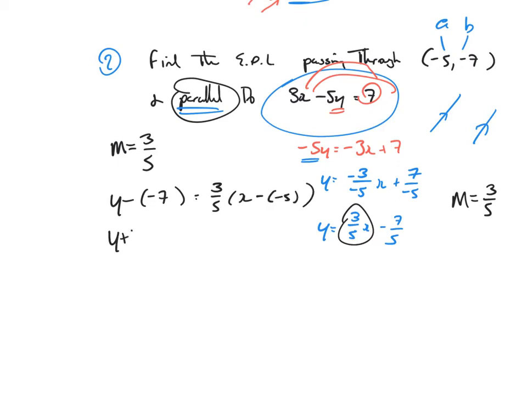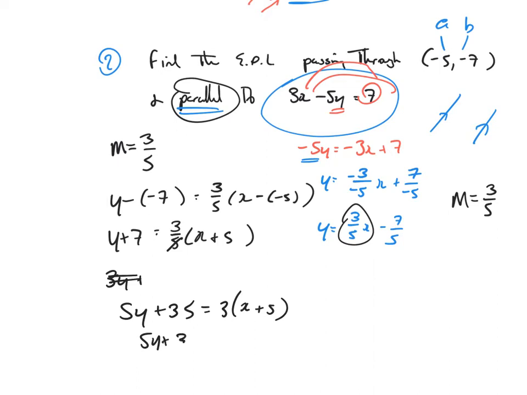So that's y plus 7 equals 3/5 bracket x plus 5. Eliminate the divide by 5 by multiplying both sides by 5. So it'll be 5y plus 35 is equal to 3 bracket x plus 5.